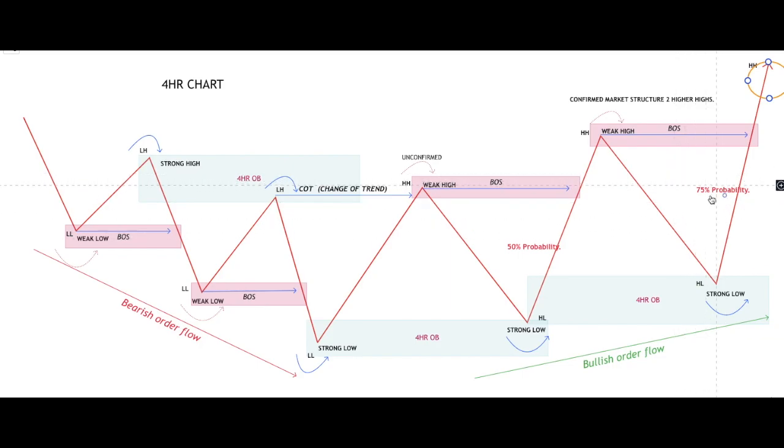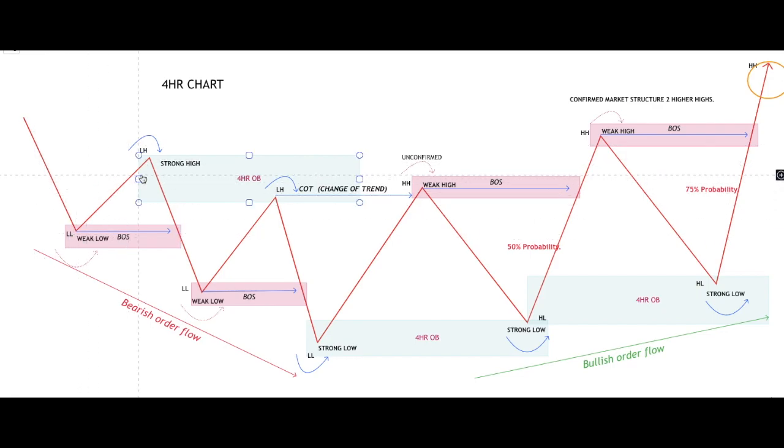This creates probability. Every time the probability gets higher, the first stage is 50% of the first high breaking, and then once we've had a confirmed higher high of two highs, this is a 75% probability that price action will break and make a new high. It's the same here.